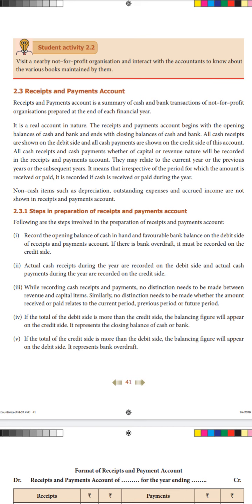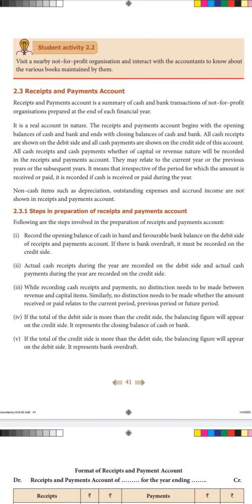When you record any cash receipt or payment, you need not separate your capital and revenue items. You can write as it is, whether it is for the current year, previous year or the subsequent year. You need not distinguish whether it is revenue or capital in nature.